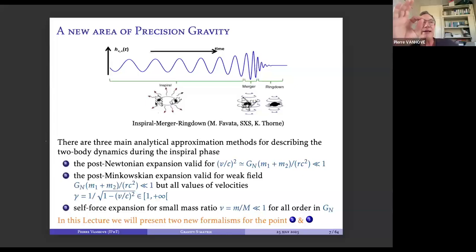So you can model your physical black holes, which are emitting gravitational waves, by a fictitious massive quantum field.